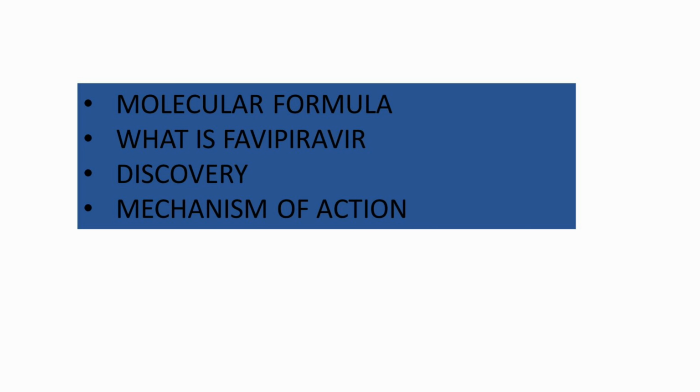When it is administered to a host, it is converted to a ribofuranosyl triphosphate derivative, that is the active form of the drug, by the host enzyme, and this active form selectively inhibits the viral RNA dependent RNA polymerase. The enzyme, viral RNA dependent RNA polymerase, is essential for the virus for transcription and replication of the viral genome.